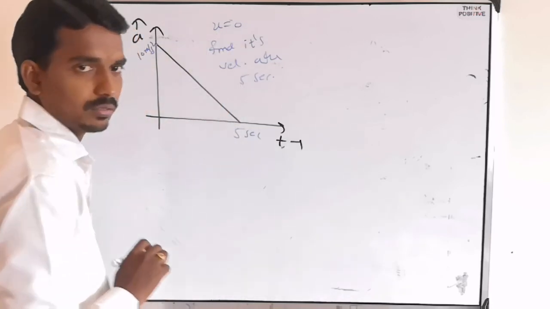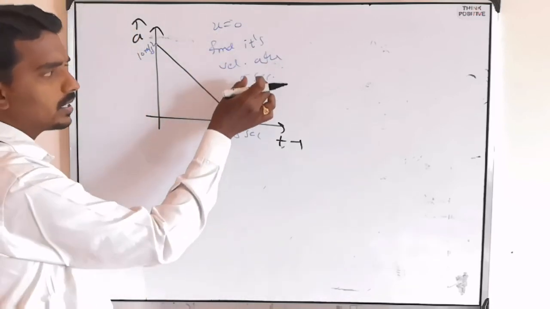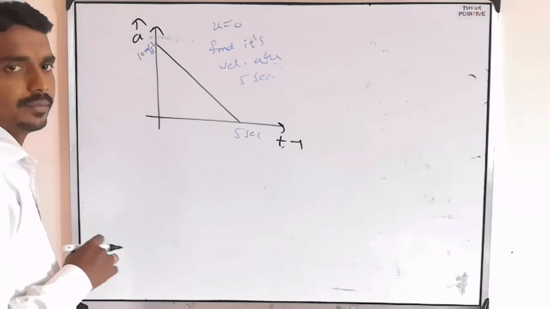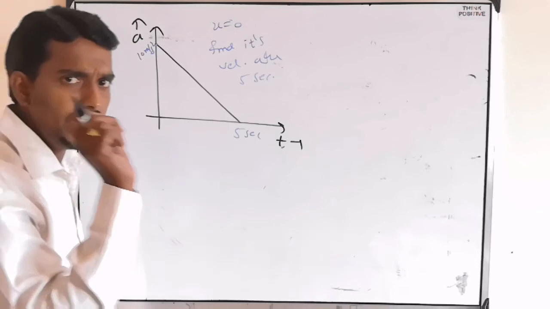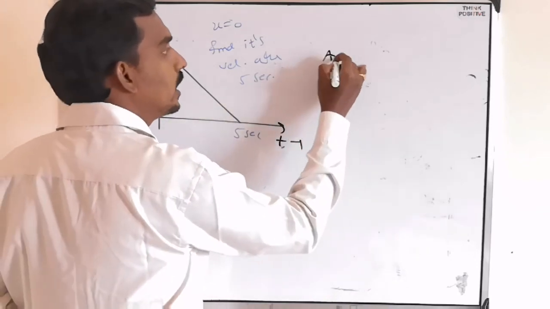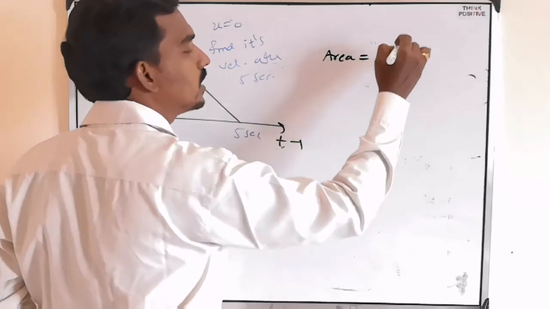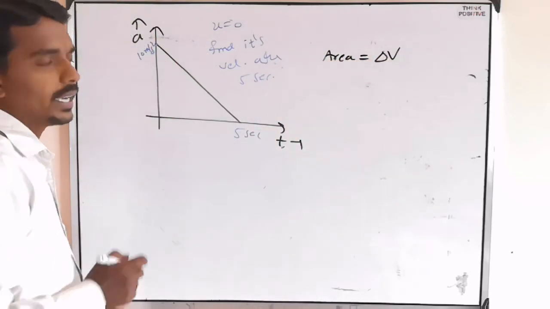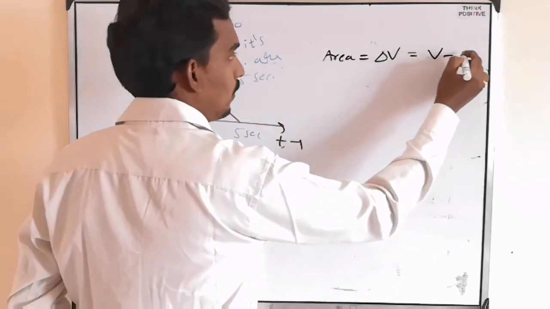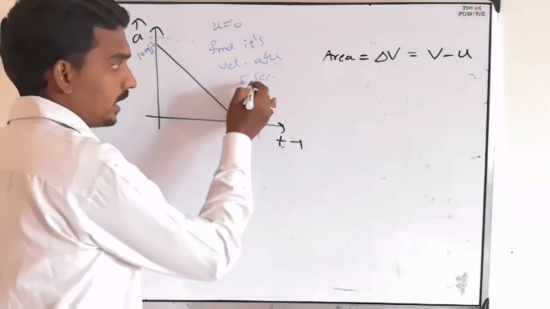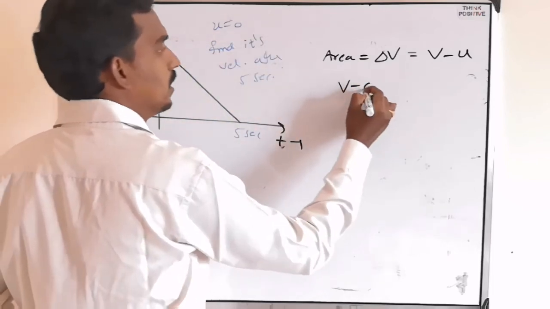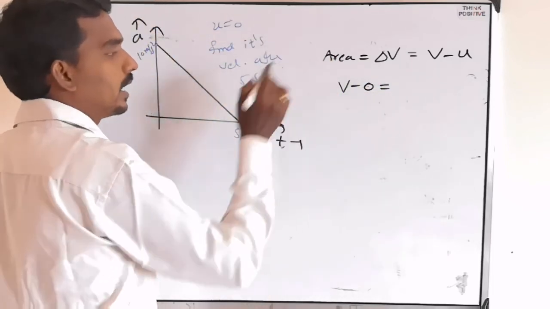So the initial velocity is 0. They are asking the velocity of the particle after 5 seconds. From the given graph, you should immediately get the idea that the graph is AT, so the area is equal to change in velocity, the area below the AT graph. That change in velocity is final minus initial. Final after 5 seconds we have to find, minus initial 0, equal to the area.